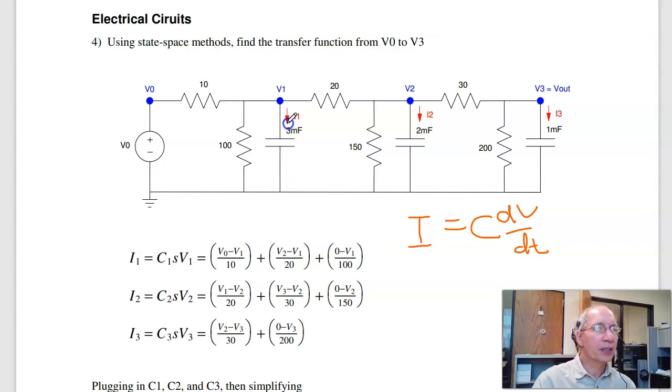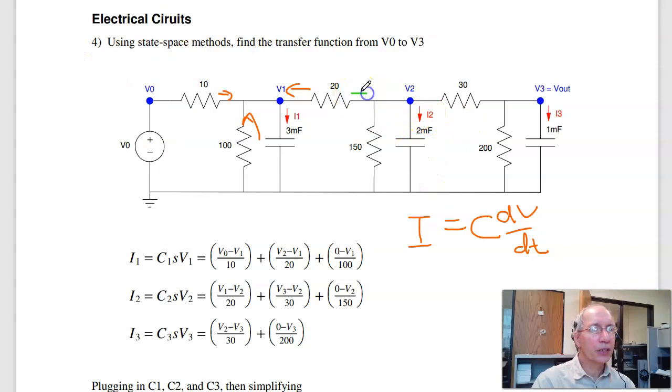So the first capacitor, I1 is C dV dt. That's equal to this current, V0 minus V1 over 10, plus this current, 0 minus V1 over 100, plus this current, V2 minus V1 over 20. Add I2.